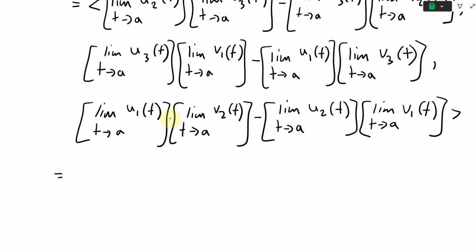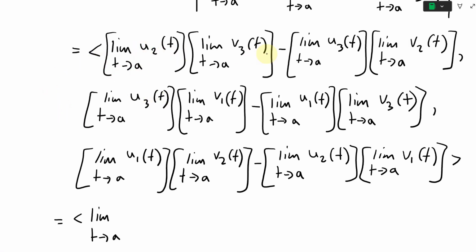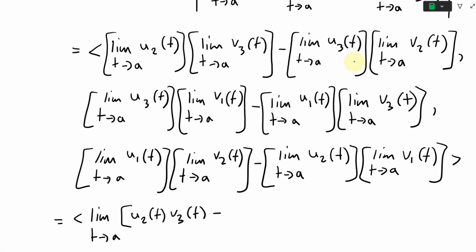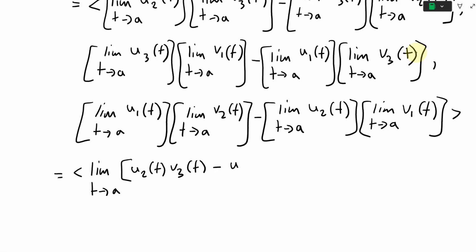So this is going to be equal to limit as t approaches a of, now this is going to be u2 v3, u2 of t, v3 of t, and then subtracted by this one right here, u3 v2. Again, you can see if this is u2, and that's v3, the next one's going to be u3, and then the other one's v2. So it's always just reverse.